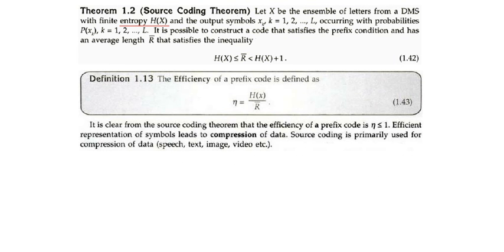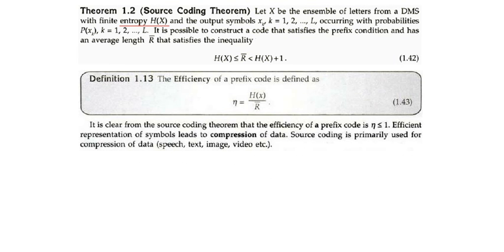So we are taking a source X that is generating L number of symbols, x1 to xL, and each output has a probability p of xk.